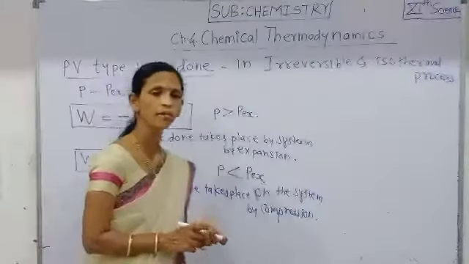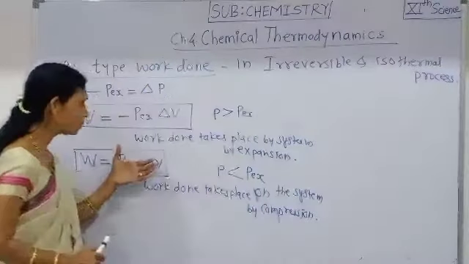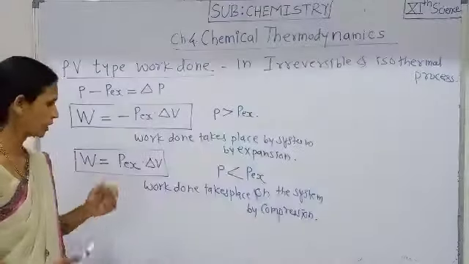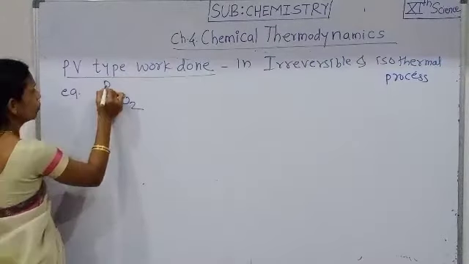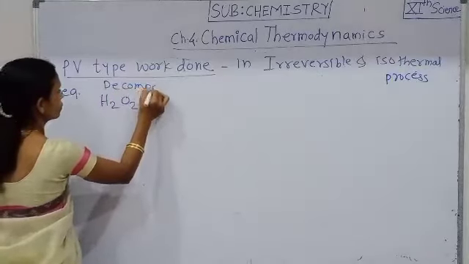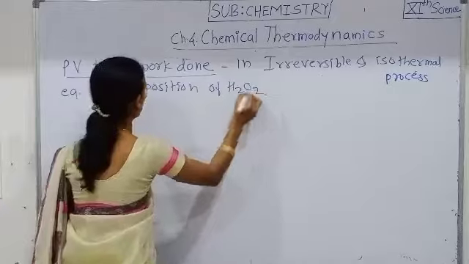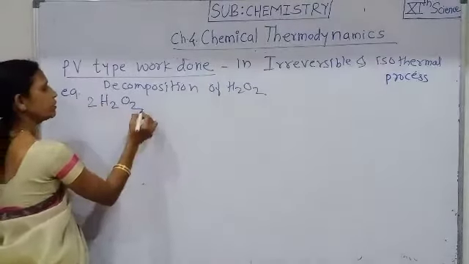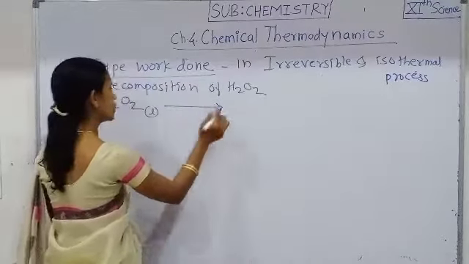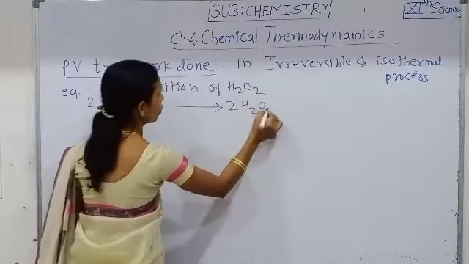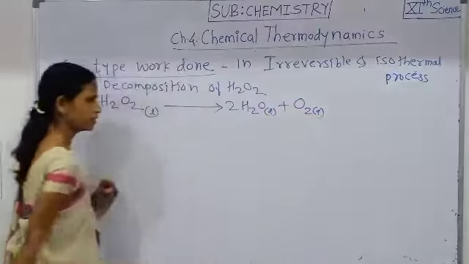One more thing I am going to discuss with you, that is the examples of PV type work done. One example is the decomposition of H2O2. Here H2O2 in liquid state decomposes to give water in liquid state and oxygen in gaseous state.